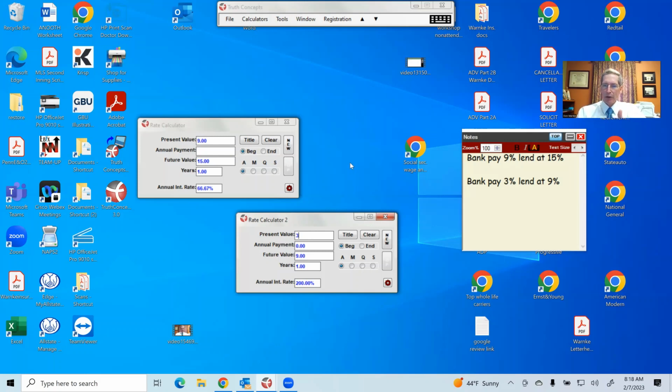You put $100 and they do a deal, somebody else puts in $100 and they do a deal, and somebody else puts in $100 and they do a deal. So they could do 3 deals using the same $9. When you calculate that return, if you take the 66.67% and multiply it times 3, guess what your number is? It's 200.